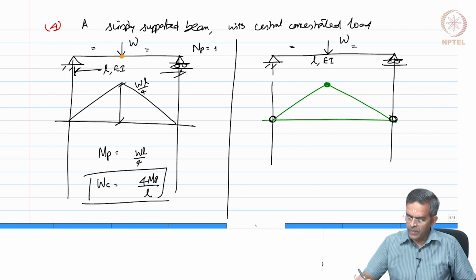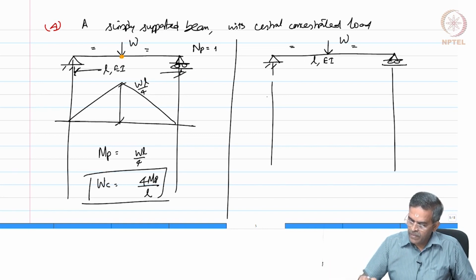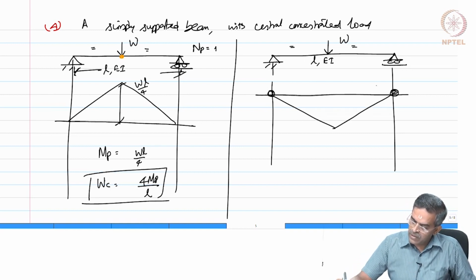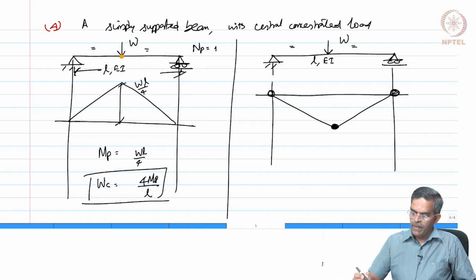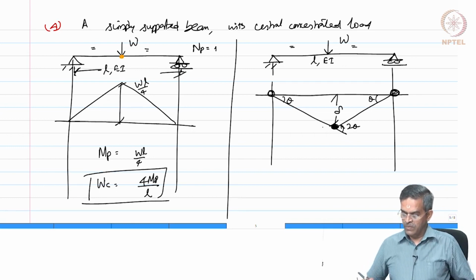Or let us draw it the other way. Here there will be structural hinges and here there will be a plastic hinge. So, this is theta, this is 2 theta, this is theta. I call this as del, and the load is W.